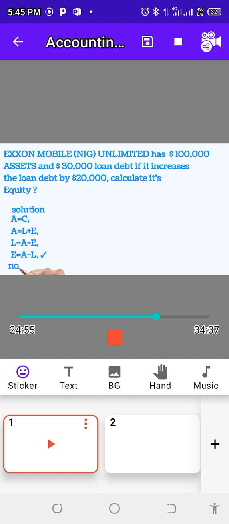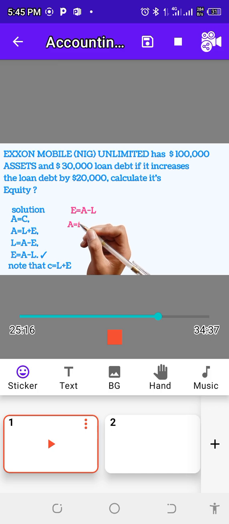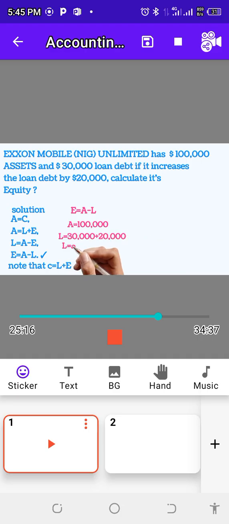because equity is equal to assets minus what? Liability. So the total asset now is 100,000 US dollars, and liability now becomes 30,000 plus 20,000, which is equal to what? 50,000.